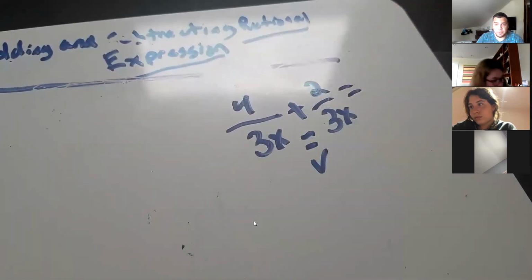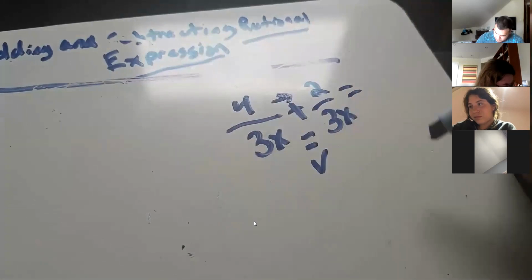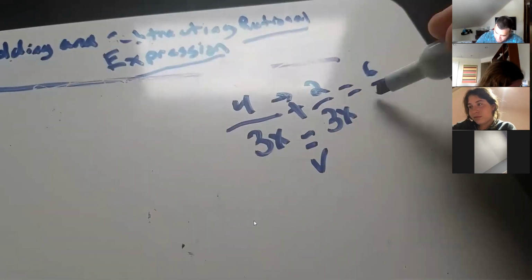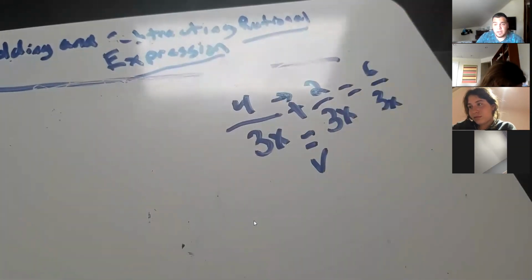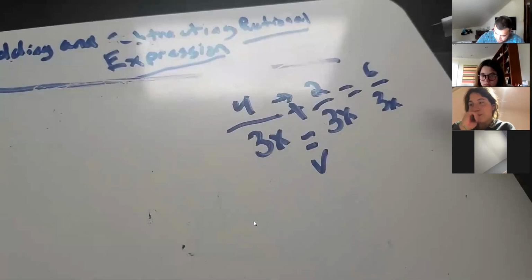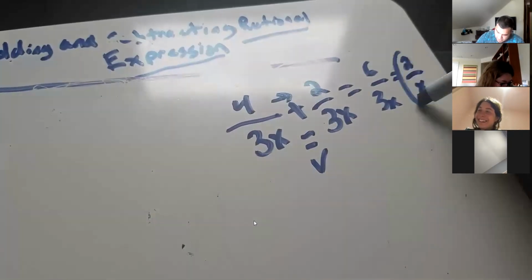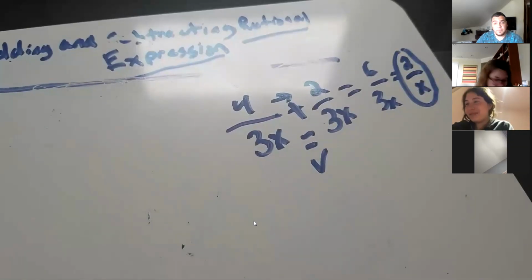There's 3x on both of them. After you check they match, you can just do your math. You do the top: 4 plus 2 becomes 6 over 3x. Then I ask, is there anything I could do to simplify? Well, both 6 and 3 are simplifiable, so that's 2 over x. I circle that, and I am done.